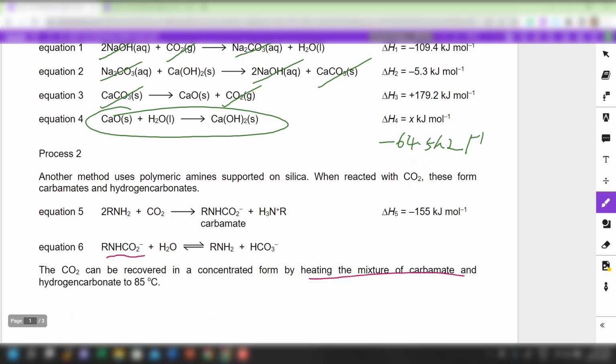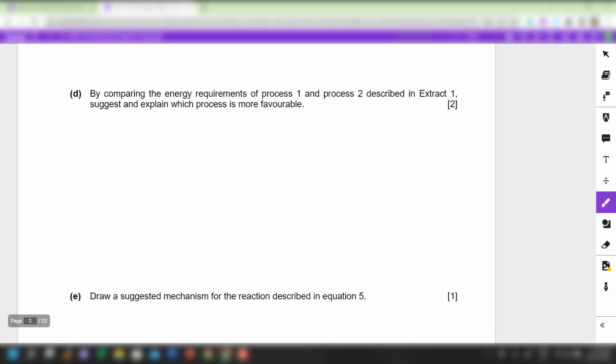And then for process 2, we can only understand it from equation 5, which involves a release of 155 kilojoules per mole of equation, in terms of energy released. The question actually asks us, by comparing the energy requirement, which one is more favorable.